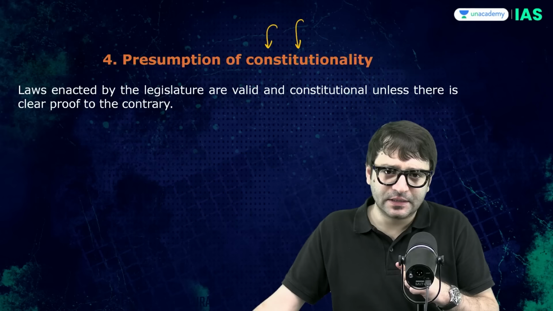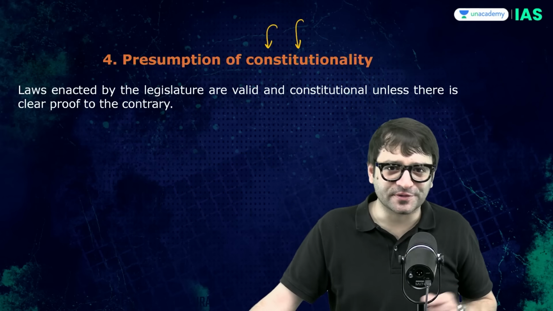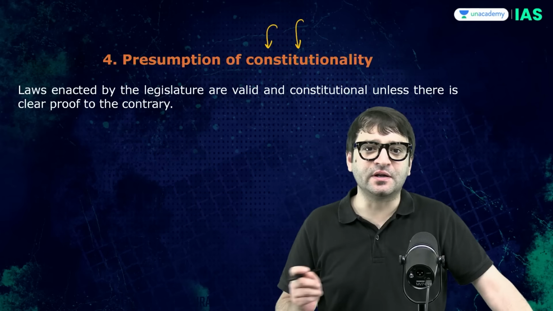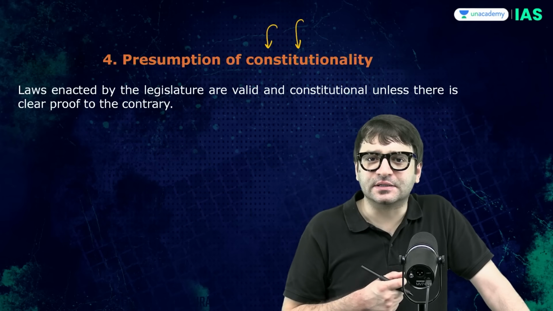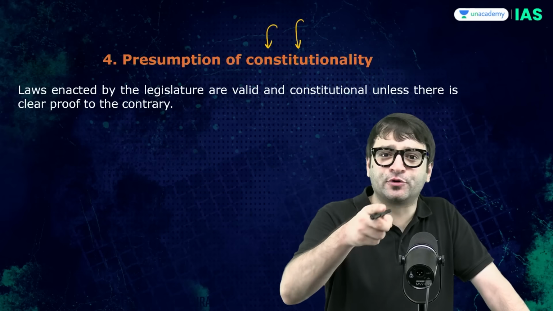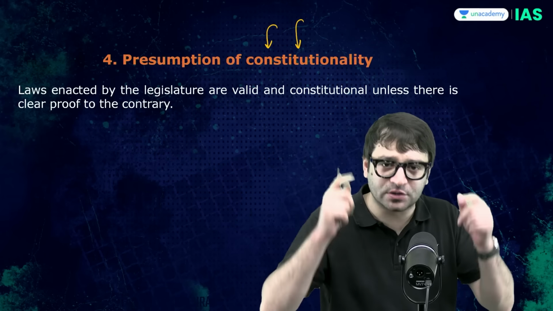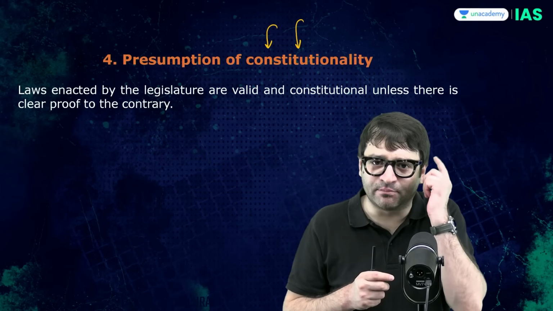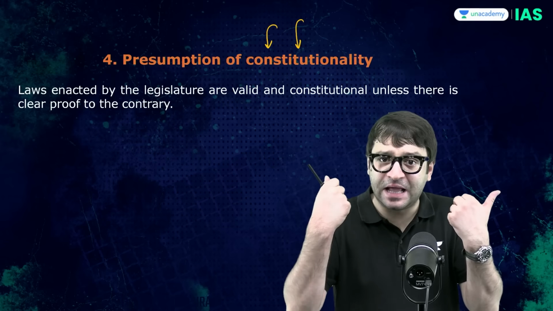In criminal cases, the burden of proof is on the prosecution. If you're accused of terrorism or you're accused of murder, you don't have to prove that you are innocent. The prosecution has to prove before the court that you are guilty, that too beyond any reasonable doubt. Even if there is the slightest doubt in the mind of the judiciary that you may or may not have committed this crime, you will be acquitted.